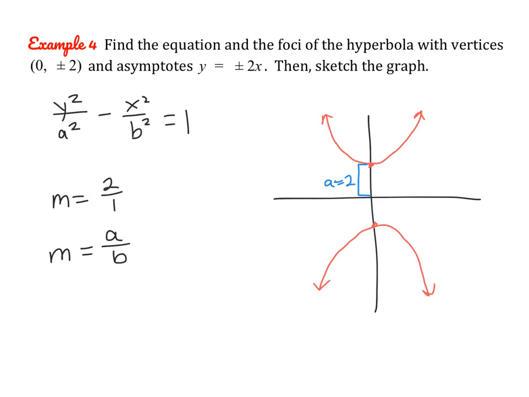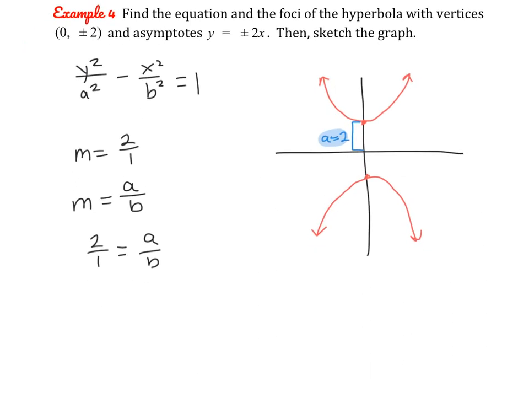So since we know that the slope is a over b and the slope is 2 over 1, we can set them equal. So 2 over 1 equals a over b. And remember, from our vertices, we know that a is equal to 2, so we can substitute that in. So 2 over 1 equals 2 over b, so that means that b must equal 1.